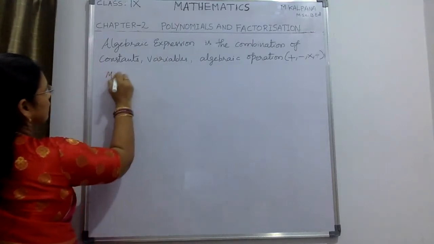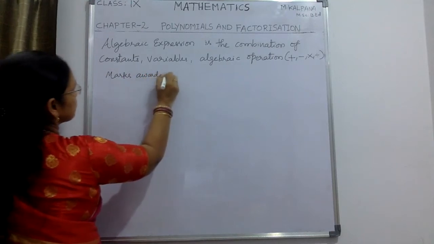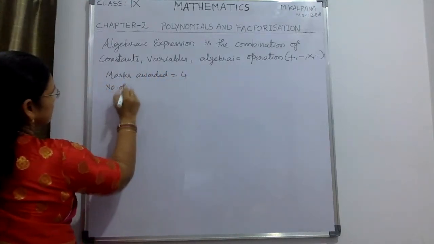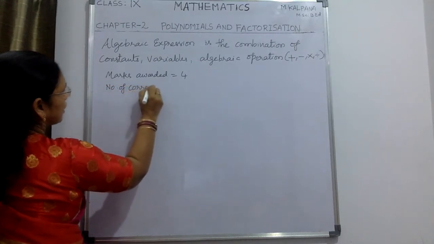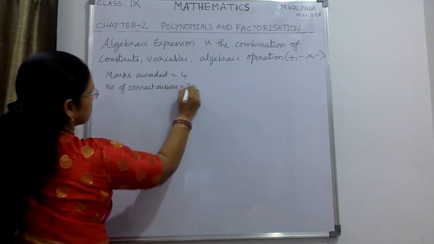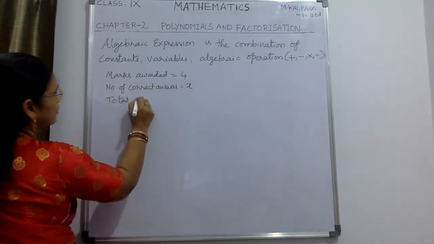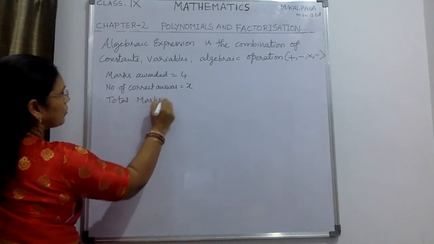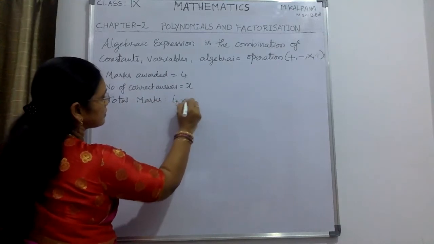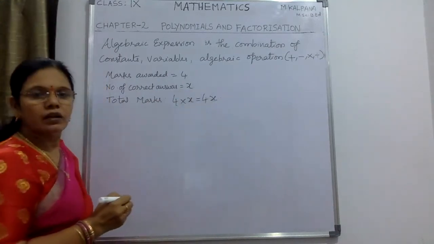Marks awarded for every correct answer is 4. If the number of correct answers is X, then the total marks will be 4 into X, that is 4X.